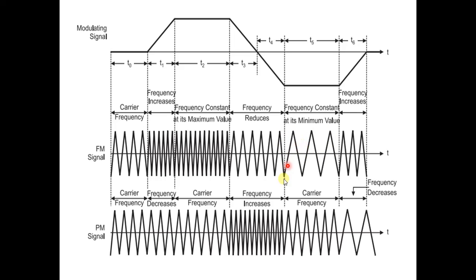Now look at the phase modulation waveform. The frequency of the phase modulation wave changes only if the amplitude of the modulating signal changes. But during the intervals T1, T3, T4, T6, the frequency of the phase modulated wave changes.